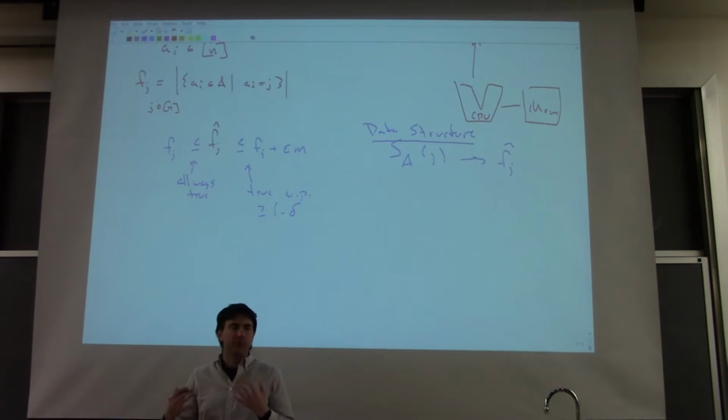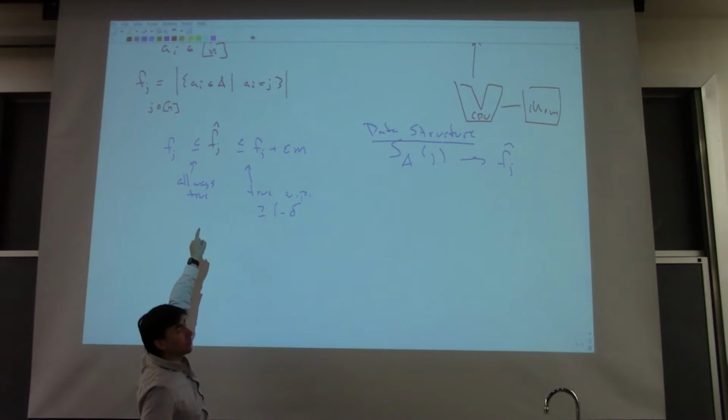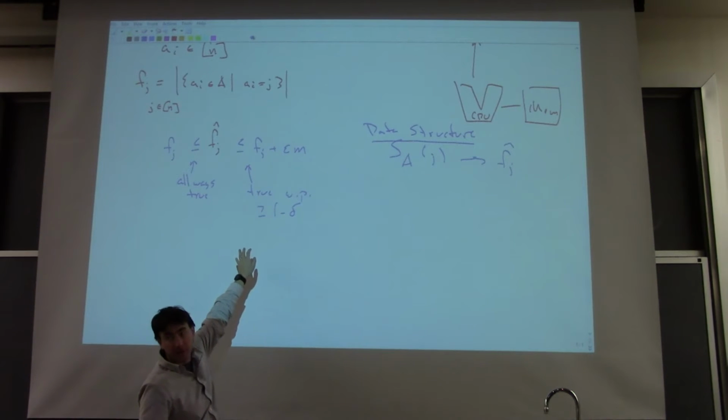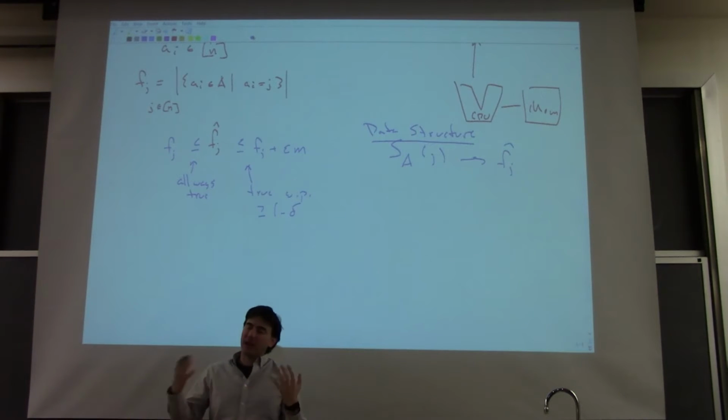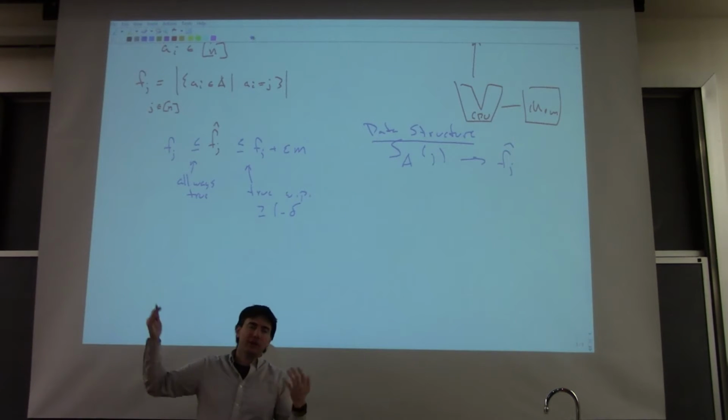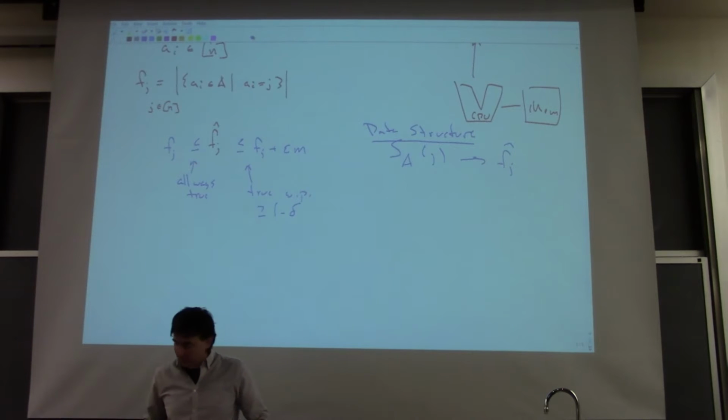So we want this to be true with really high probability, and so this will be something we can get. So it will always be larger. We'll never underestimate, and we won't be too much larger with some probability. It could be that we got unlucky and things were much larger than our worst case scenario, but in general, it'll be okay.